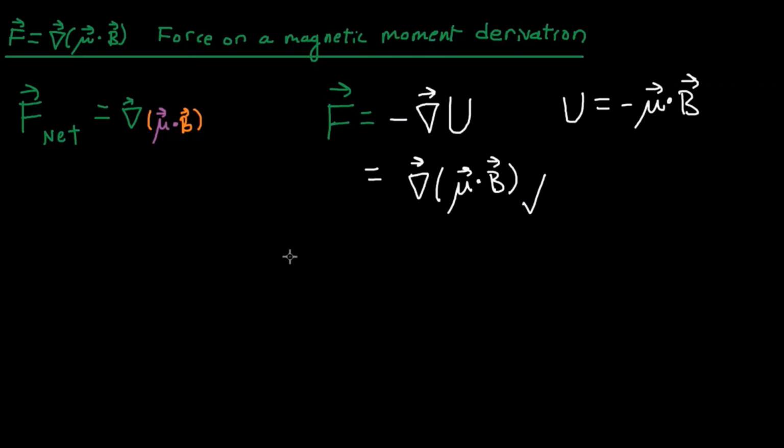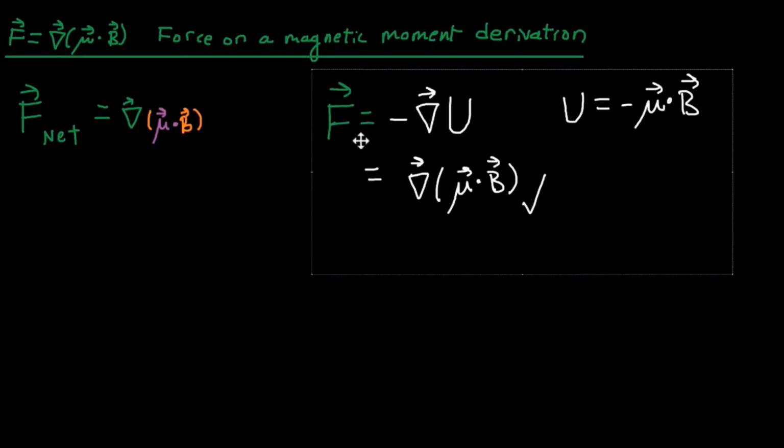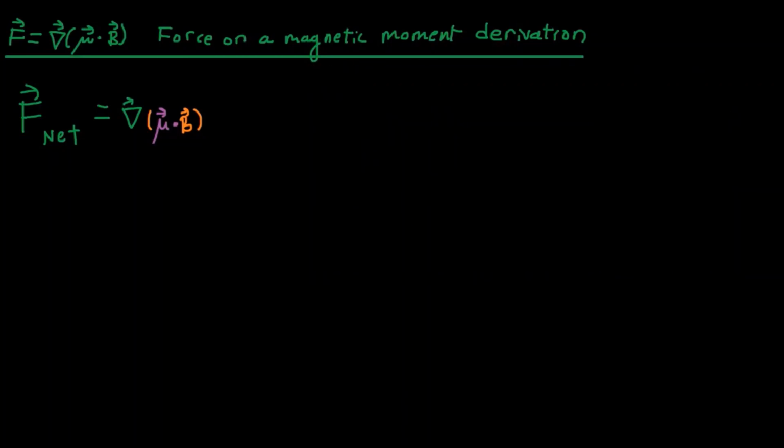Okay, so the final thing I want to do is tie together everything we've discussed in this video, the motion of a quantum particle and the force on a magnetic moment from a magnetic field, with a really important example, which I'm going to talk a lot about in the next video.